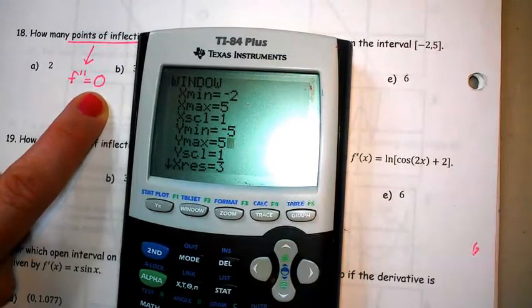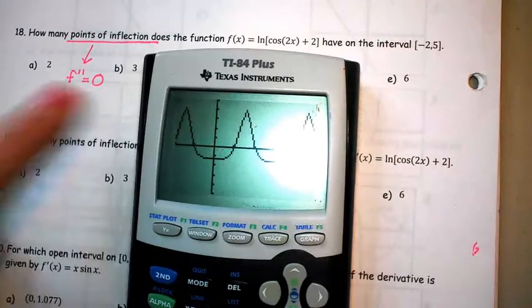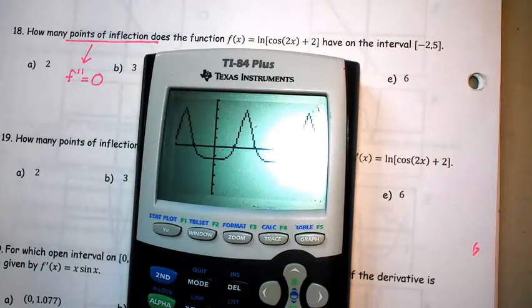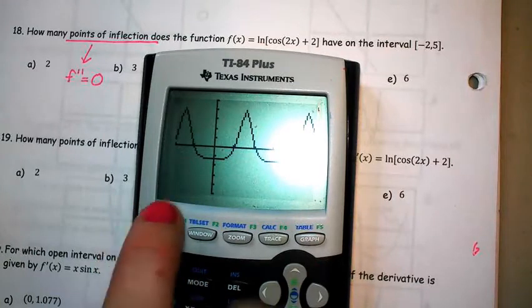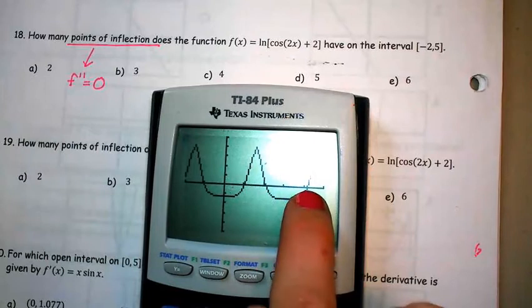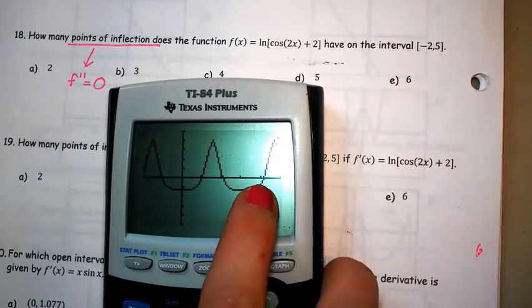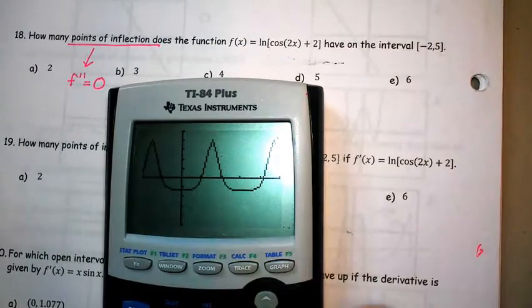I can always play with it later. Press graph, and I have 1, 2, 3, 4 times that this second derivative is 0, and not only 0, it's crossing the axis.